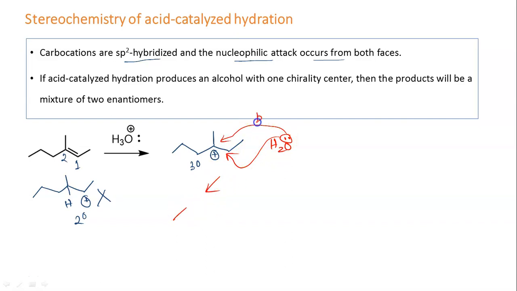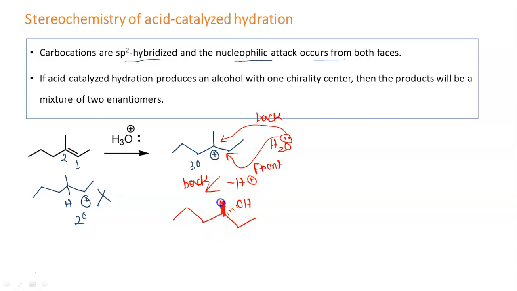So suppose it is a back attack and a front attack. If I write the back attack first, the methyl group is above the plane, and OH minus, H plus. Actually, one step I am jumping.